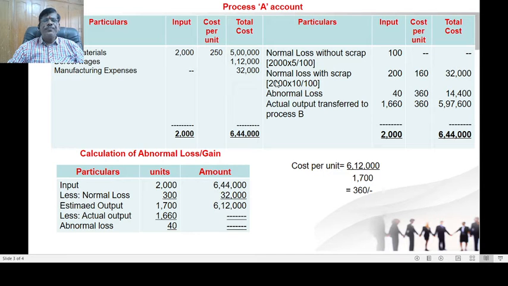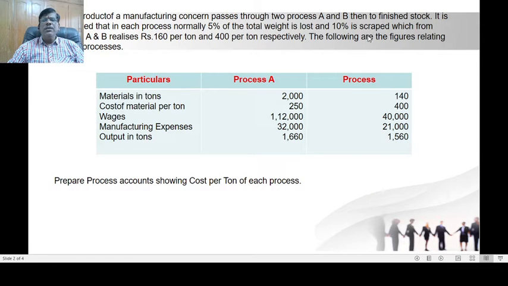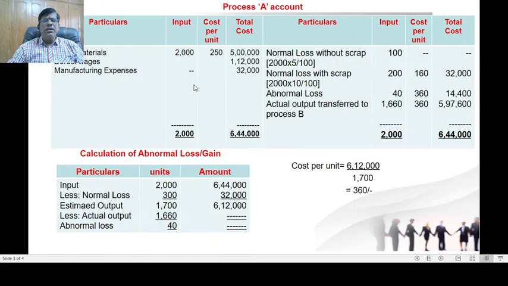Then normal loss with scrap is 2,000 into 10%, that is 200 units, which can be sold at 160 per ton. Multiply 200 with 160, you will get 32,000.